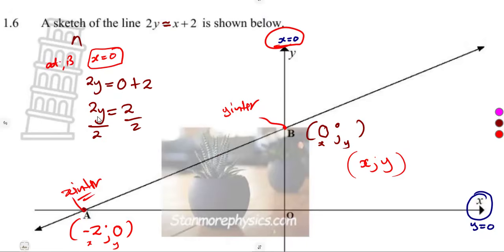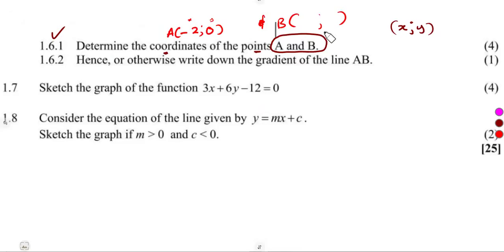Divide by 2. So y is equal to 1. That's the y value at B. Since x is equal to 0 there, the y value is 1. So therefore, we have got a point B, which is going to be (0, 1). Just like that.